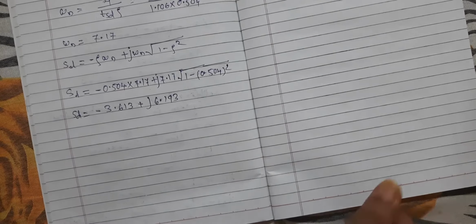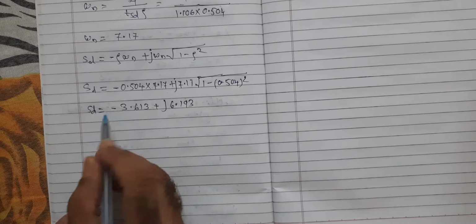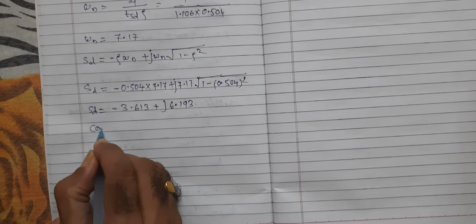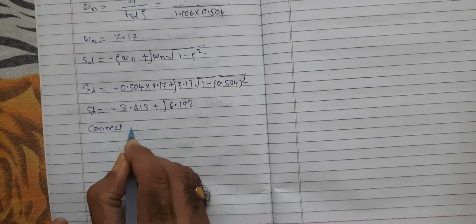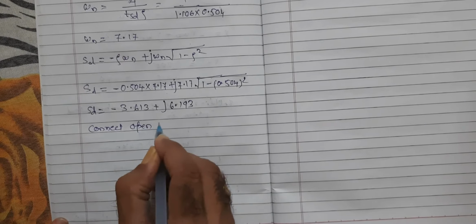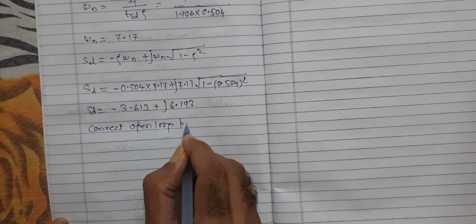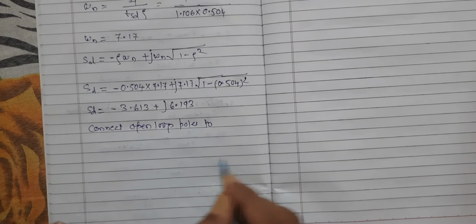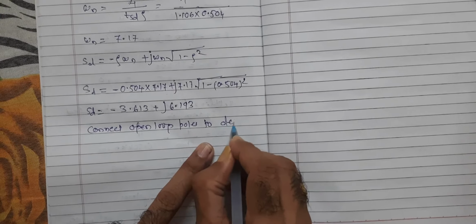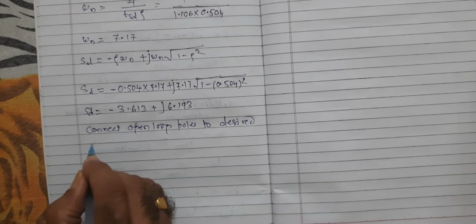Theta 1 calculate: connect open loop poles to the desired pole location.